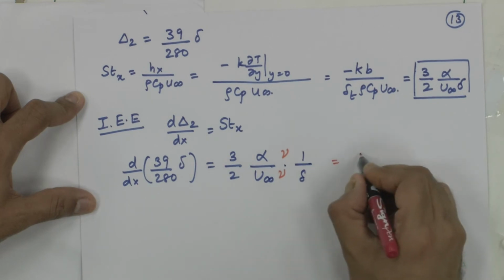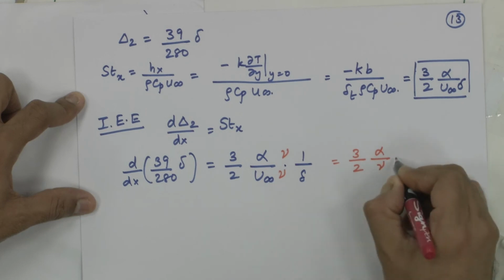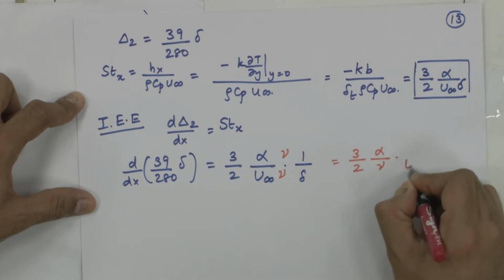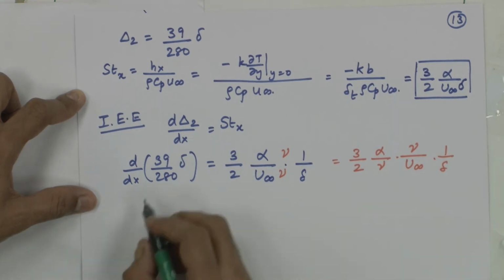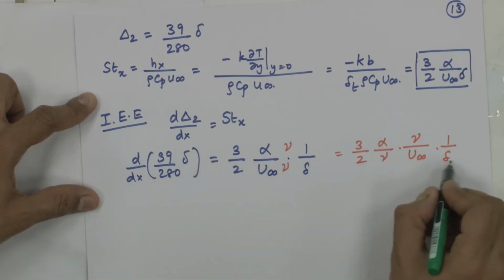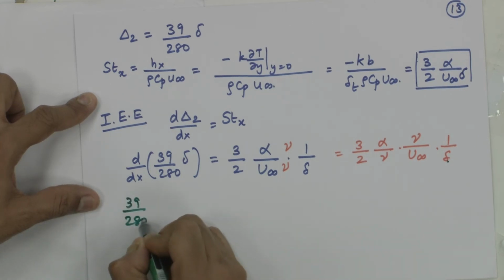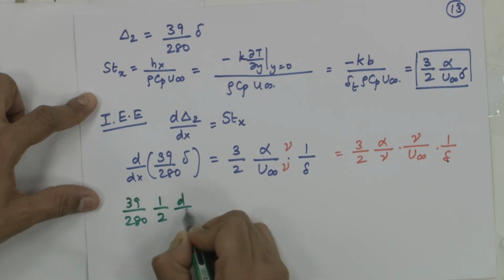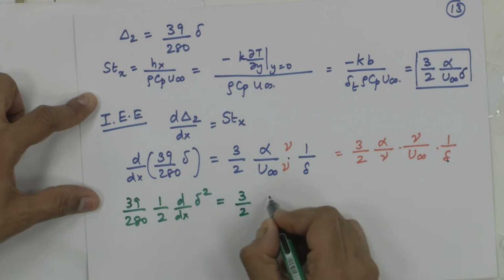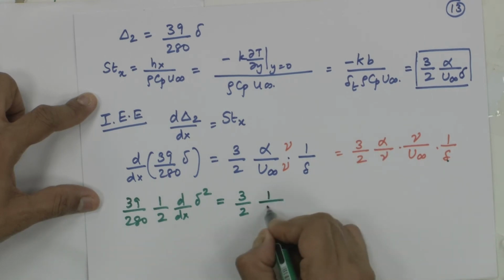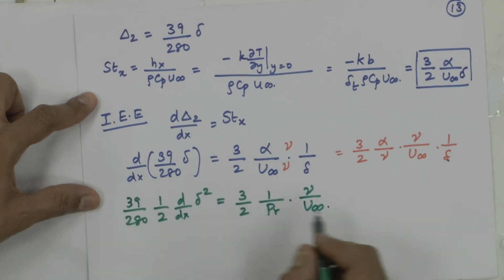So, this is nothing but 3 by 2 alpha over nu, u infinity by nu, 1 over delta. So, this can be rearranged, take this delta there. So, this is 39 by 280, 1 by 2 d by dx of delta squared, which is nothing but 3 by 2. Nu over alpha is 1 over Prandtl number, nu over u infinity. You do the maths here.